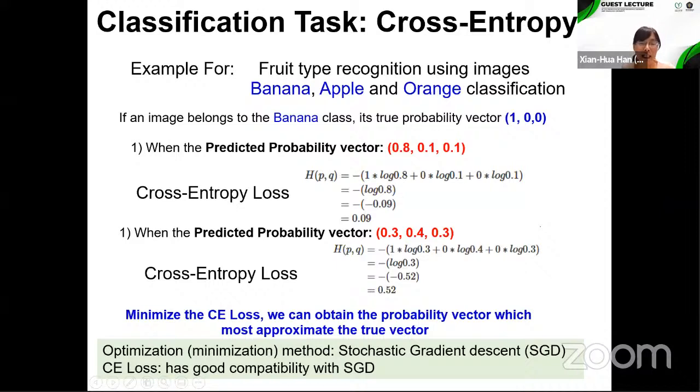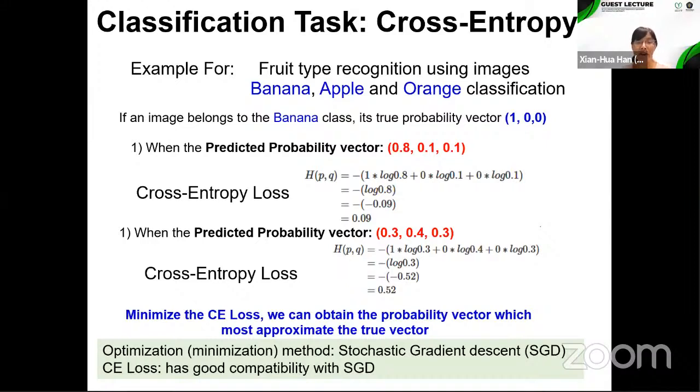Maybe I can simply introduce this, for example classifying three fruit types using images: banana, apple, and orange. If an image belongs to the banana class, its true probability vector is 1, 0, 0.